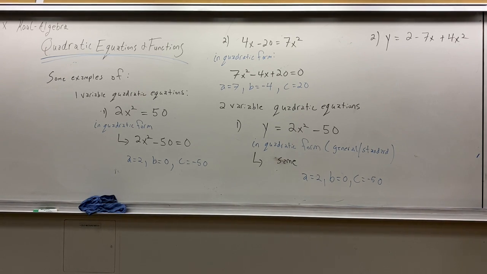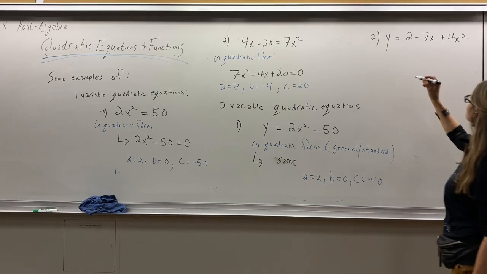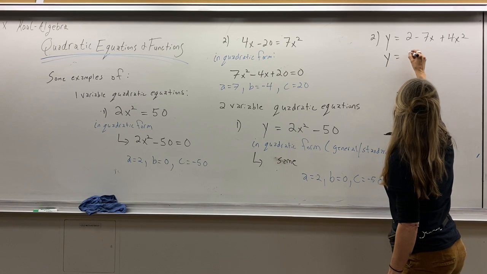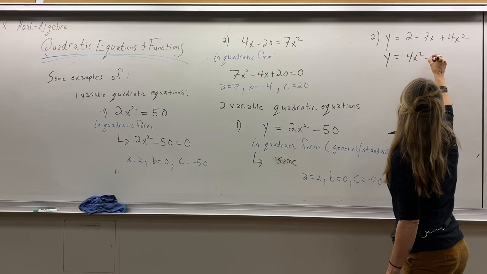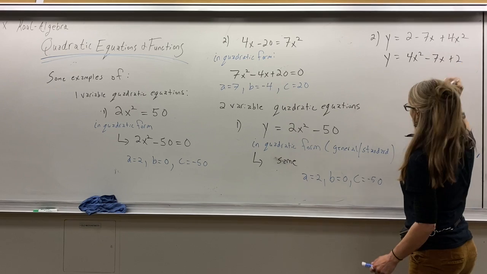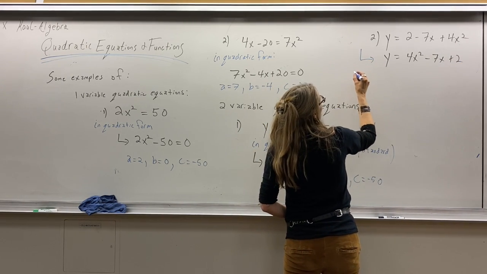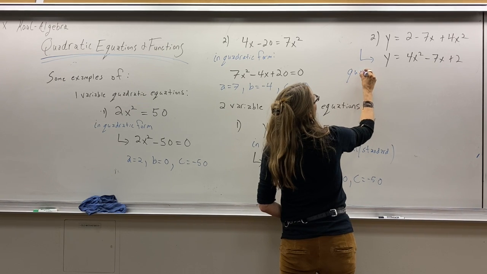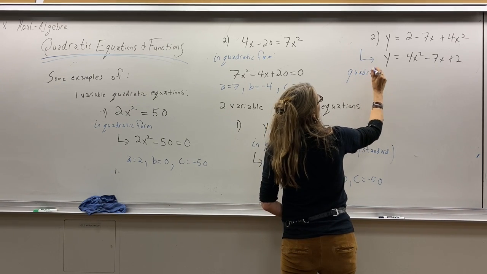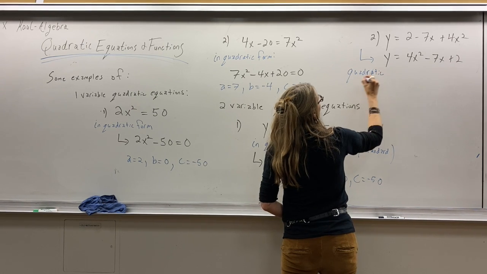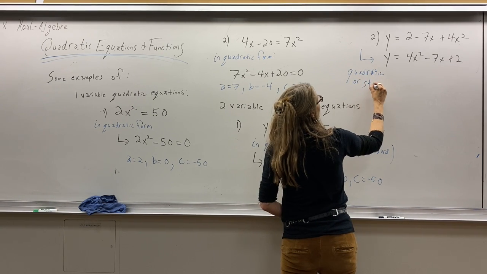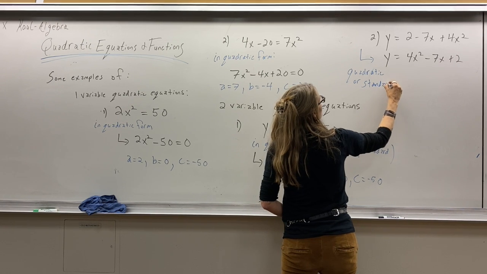So here I have another quadratic equation in two variables. So y equals 4x squared minus 7x plus 2. And this is what it's going to be when I put it in quadratic form, or what we call standard form.